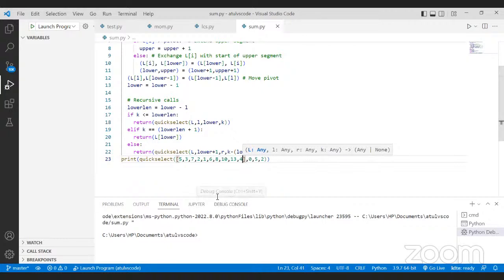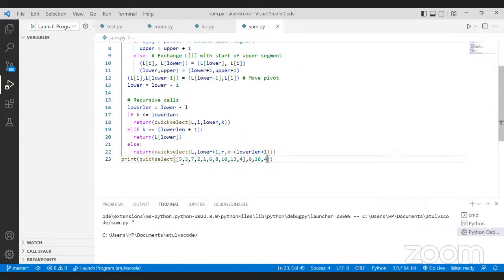The initial index is 0, and the total number of elements is 10. We are asking to find, for example, the fourth smallest element in this list.